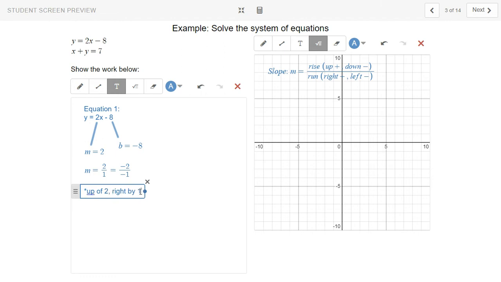Now, if we're using the negative and negative, we could say that we're going to go down by 2, and we're going to go to the left by 1.